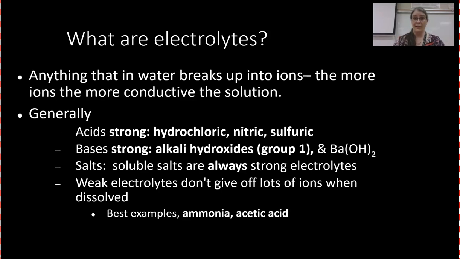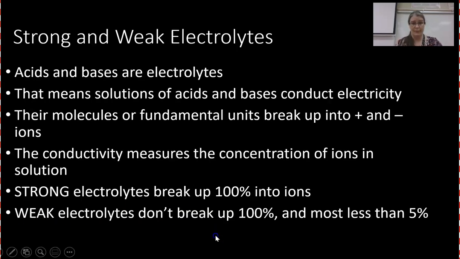And acetic acid, one of our weak acids, that's vinegar. Only a very small amount of it breaks up to give us the acetate ion and H+. The vast majority of it stays together as an acetic acid molecule. So those are weak electrolytes.